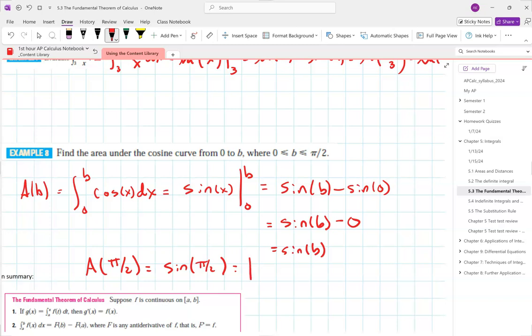Very good. So that's just me doing a for example. Since it was a b on that interval, I can pick any value of b and just plug it into sine, and that'll give me the area under cosine.